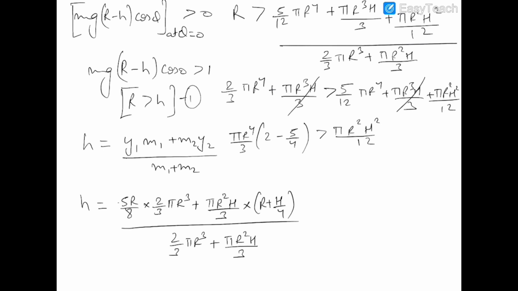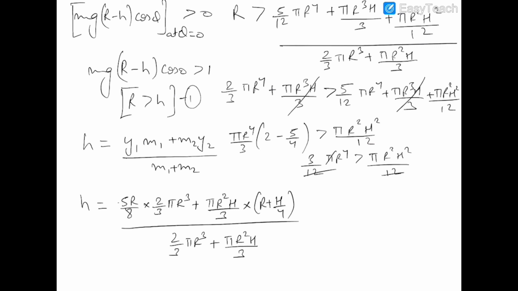Cancelling this out, this will be 3 by 12 pi r to the power 4 should be greater than pi r square h square by 12.